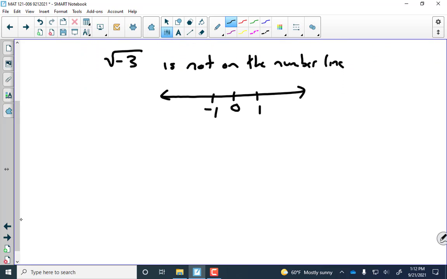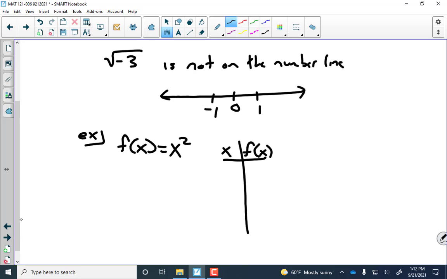So if I have a function, and here's a function we know pretty well, I can plug numbers in here all day long and get ordered pairs. I can plug a 3 in there, and I can get a 9. 3 squared is 9. I can plug a negative 2 in there, and I can get a 4.